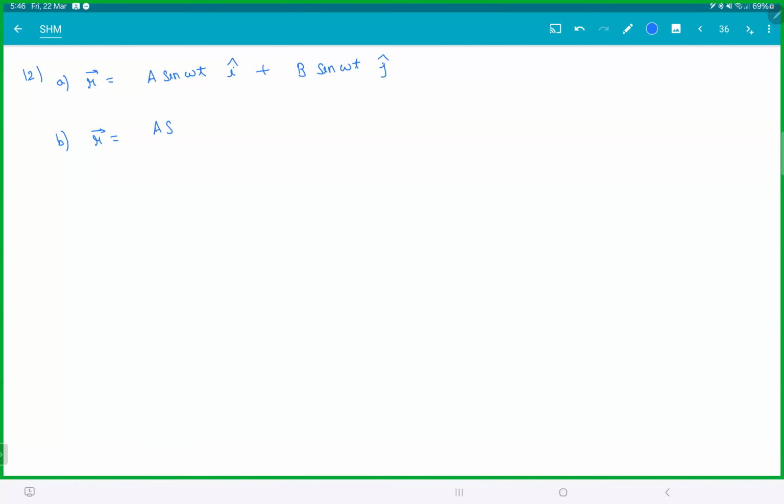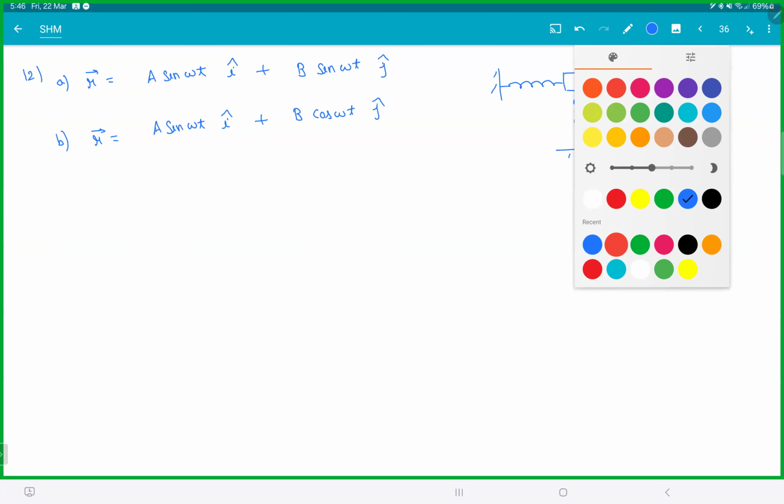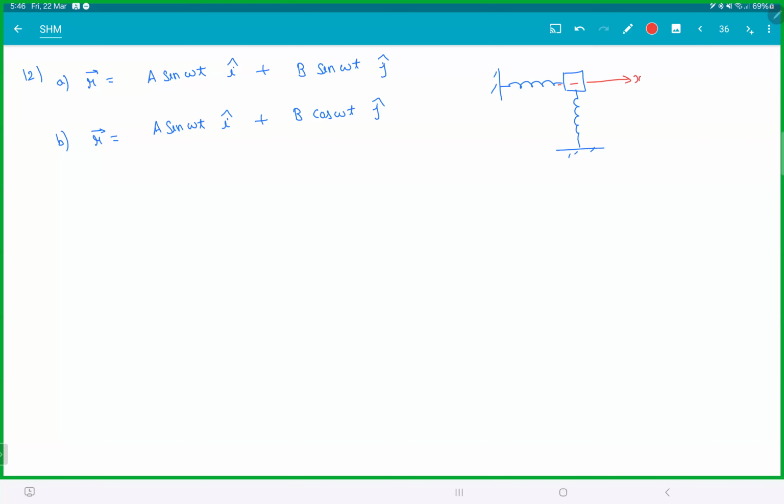And another, r bar is a sine omega t I cap plus b cos omega t j cap. Meaning this kind of motion can occur when you connect a block with 2 springs. So this spring is making you oscillate in x direction. This spring is making you oscillate in y direction. Small oscillations. Find the amplitude.